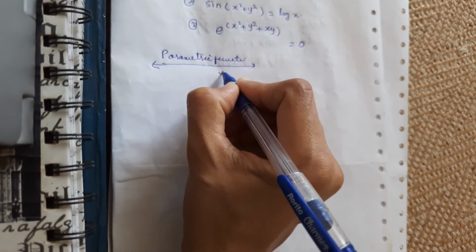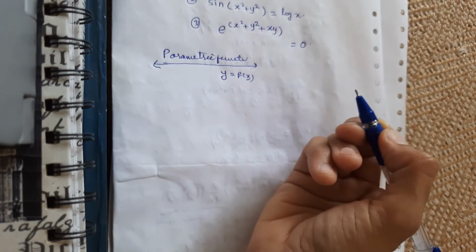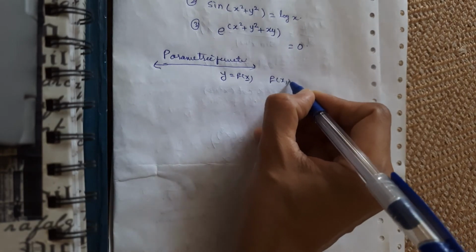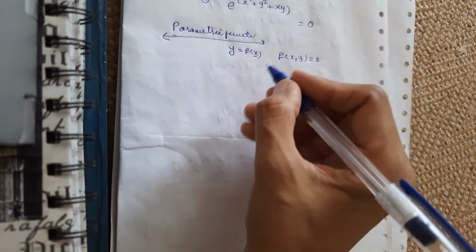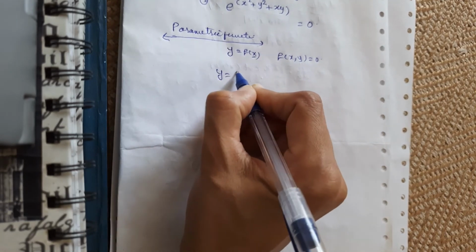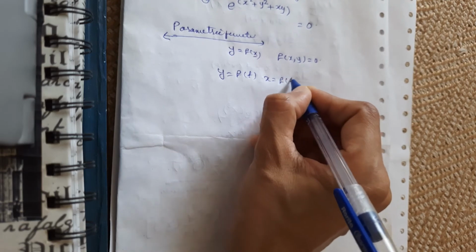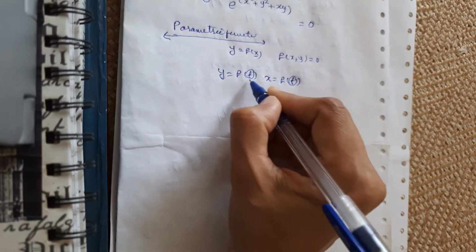Like we always have a function y equals f(x), where y depends directly on x, or in an implicit function we have f(x, y) = 0. But in a parametric function, y is a function of some other variable and x is a function of that same variable. So these x and y are connected through this variable t.